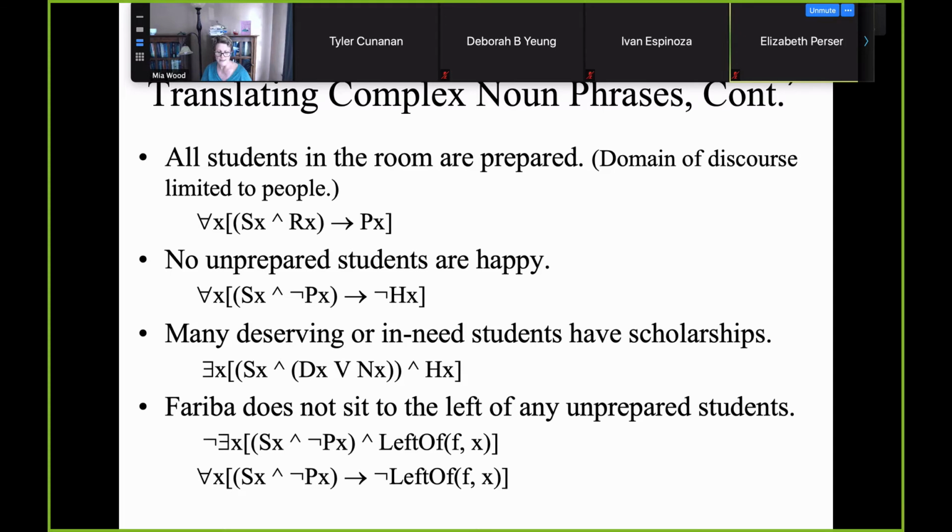It's not the case that there is something, the thing is a student and not prepared, and Fariba sits to the left of it. Notice what happens when we move the negation. We push the negation through. For every x, if x is a student and not prepared, then it's not the case that Fariba sits to the left of it.